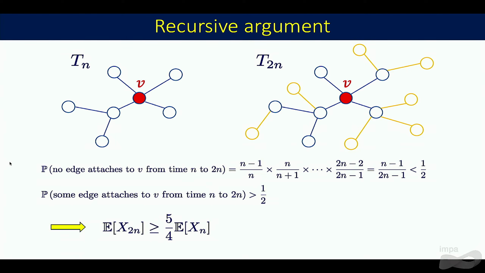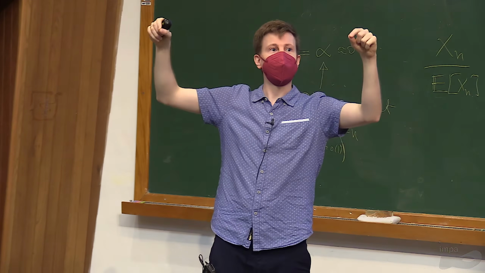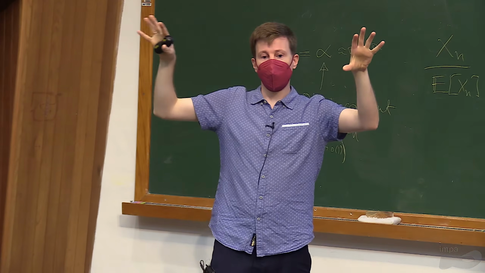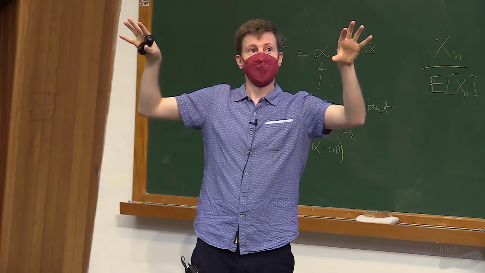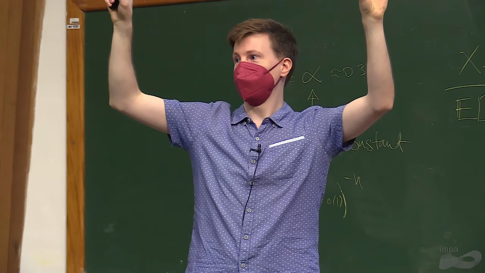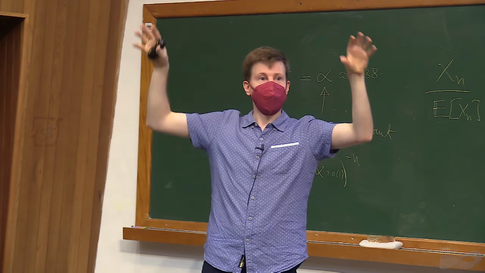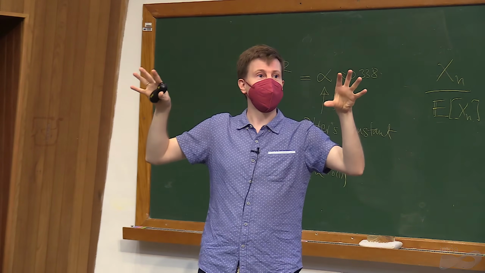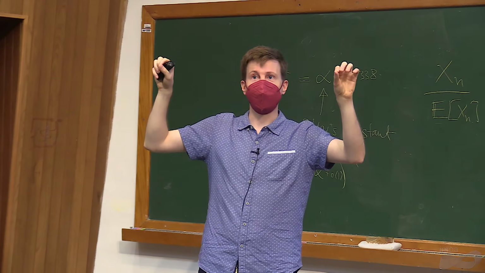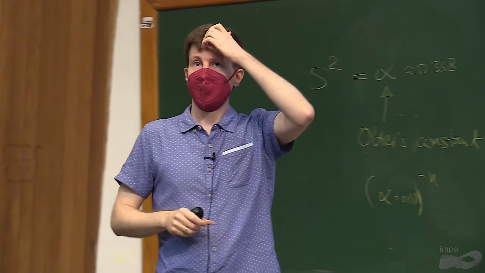So for this vertex, the probability that you have an incoming edge in both of the trees is at least a quarter. So in expectation, a quarter of the vertices in the common subtree will have an additional edge coming to them. If you take those edges into the common subtree, that gives you a larger common subtree, and you've grown by a factor of 5 over 4. Any questions?